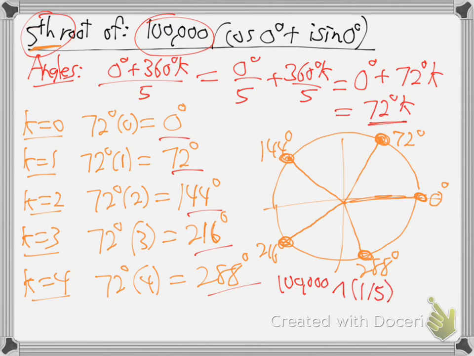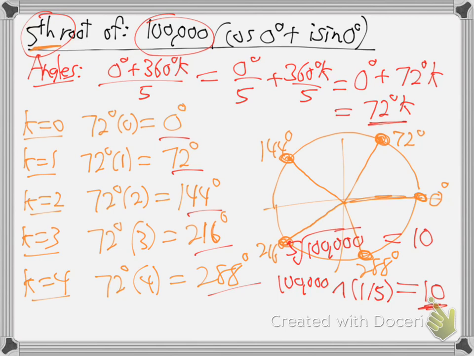It comes out to 10, doesn't it? 10 times 10 times 10 times 10 times 10, 5 times is 100,000. Obviously, there's 5 zeros. Every time you multiply by 10, you put a 0 on there. So the fifth root is a nice clean 10. Got a nice number out there.